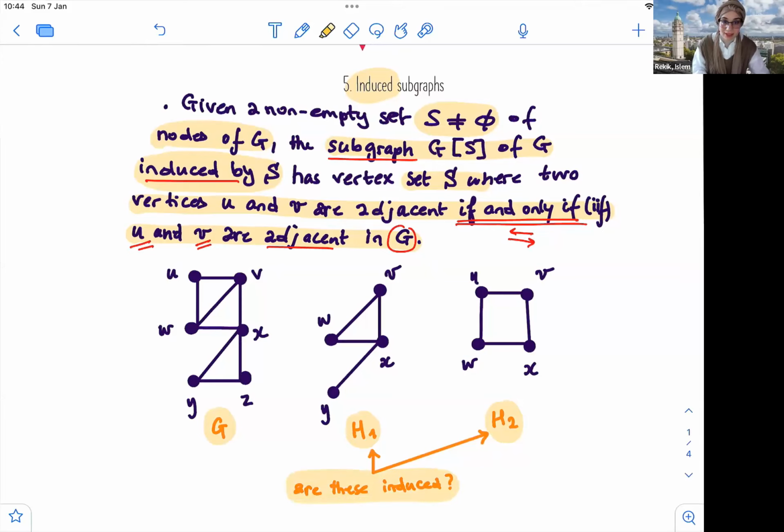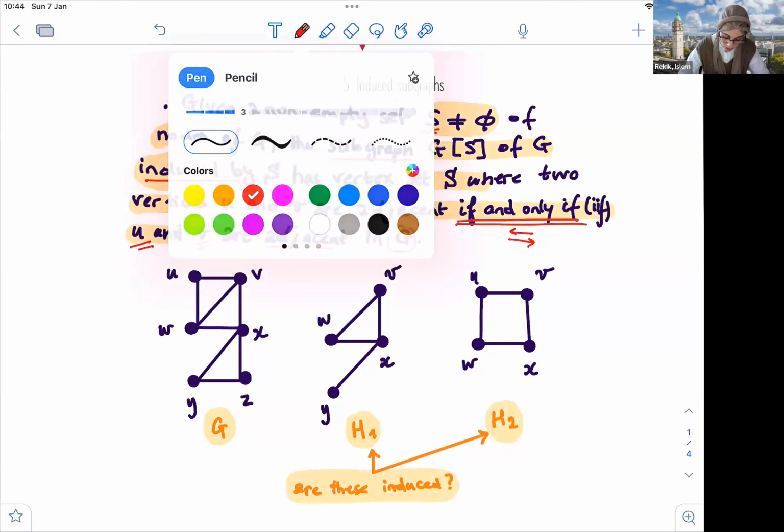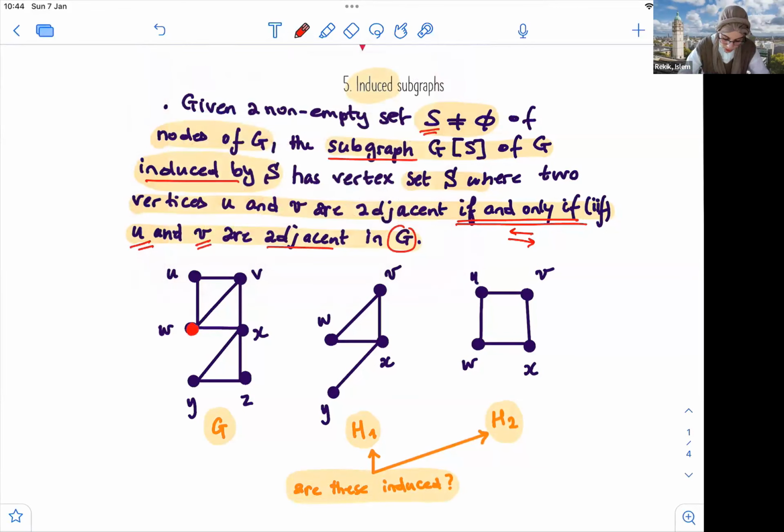Maybe one of them, maybe none of them. We start with the definition, which states that we need a set S of vertices. Here the set is defined by these nodes: W, V, X and Y.